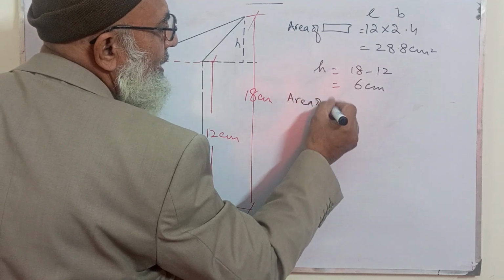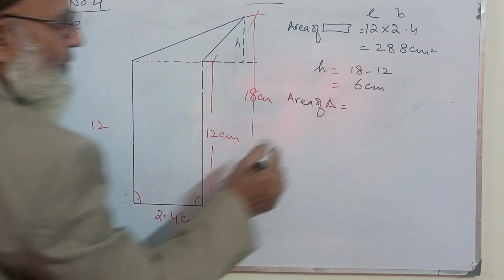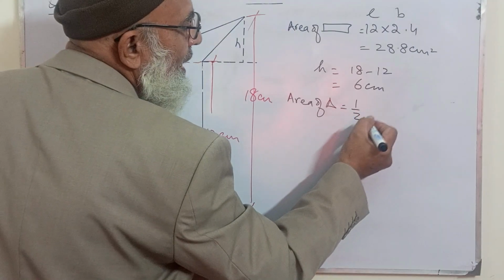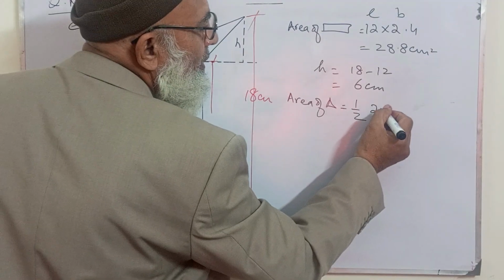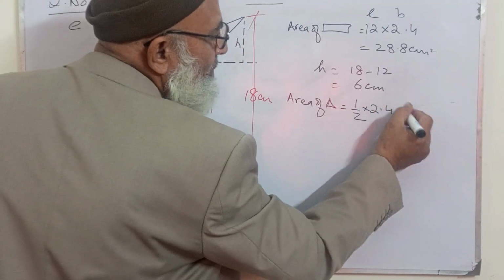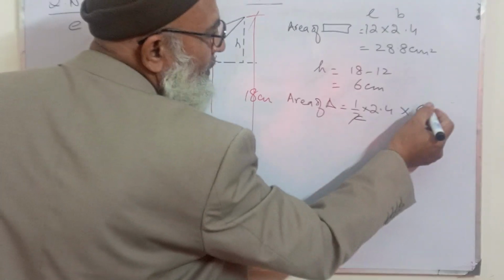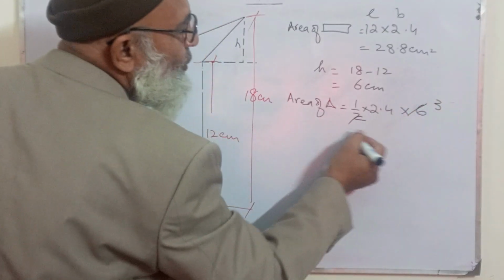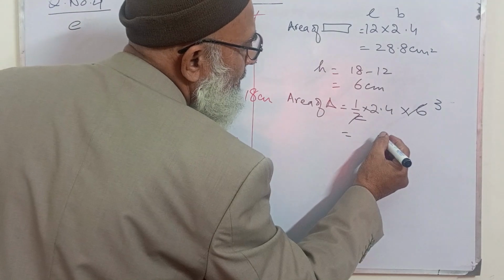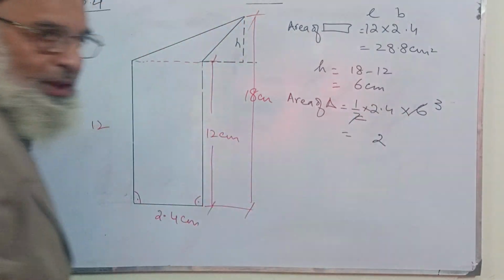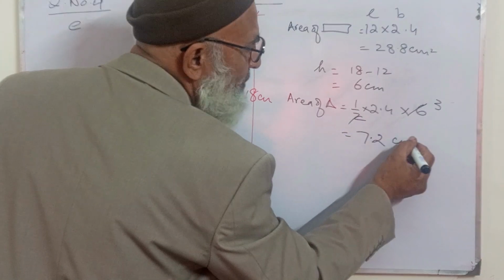Area of triangle is equal to half base, 2.4, multiplied by 6. That gives 7.2 centimeters square.